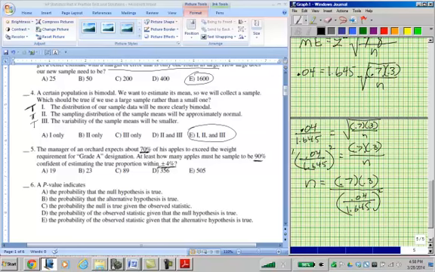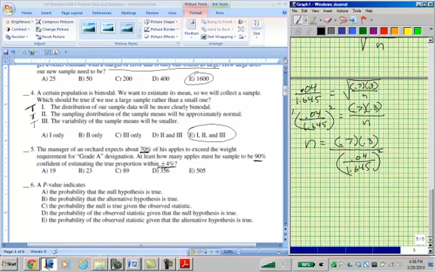Now both the numerator and denominator are squared, so you can put this in your calculator like this, or you can see it as n equals 0.7 times 0.3 times 1.645 squared over 0.04 squared.